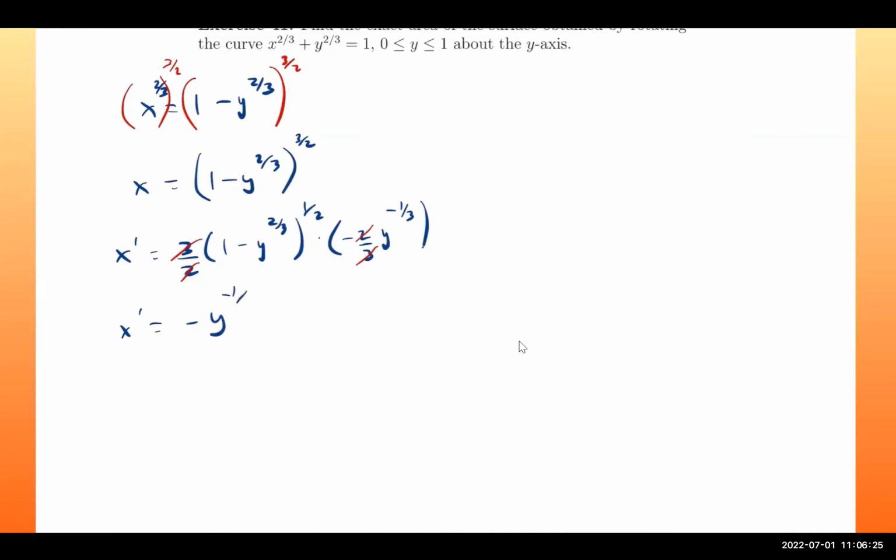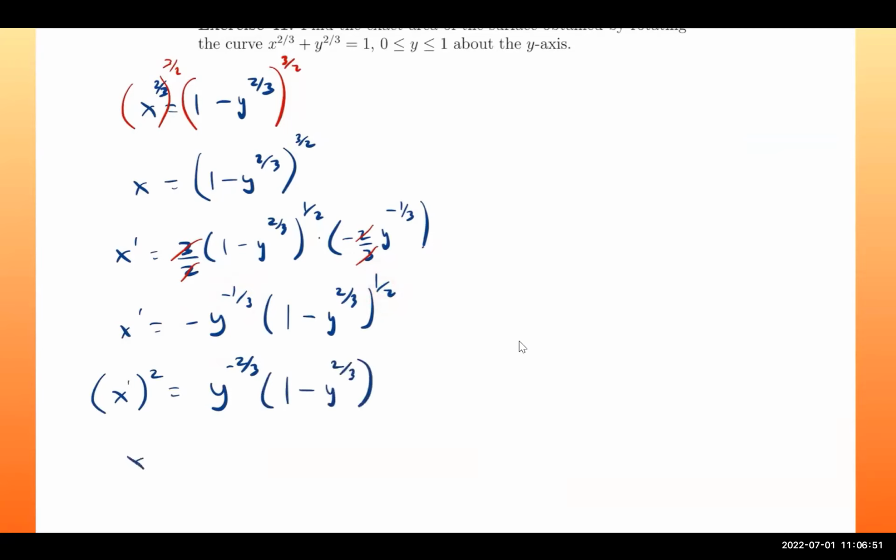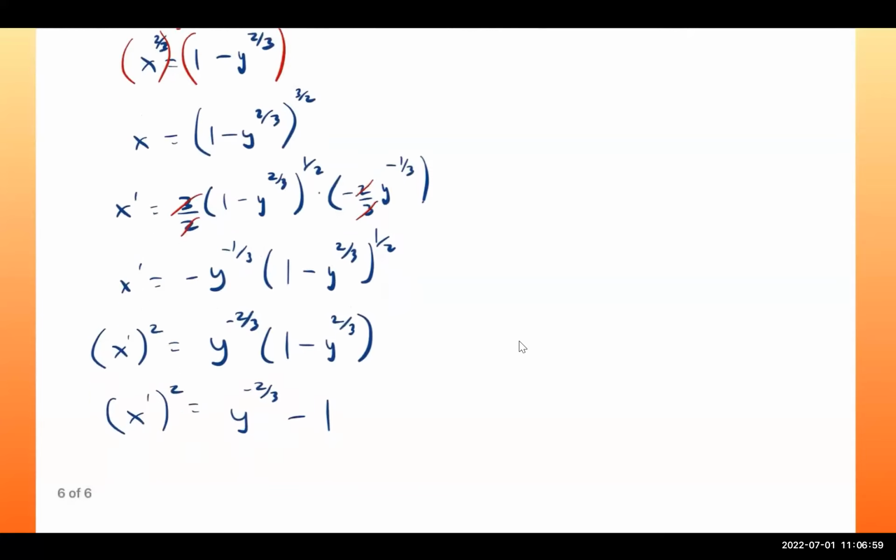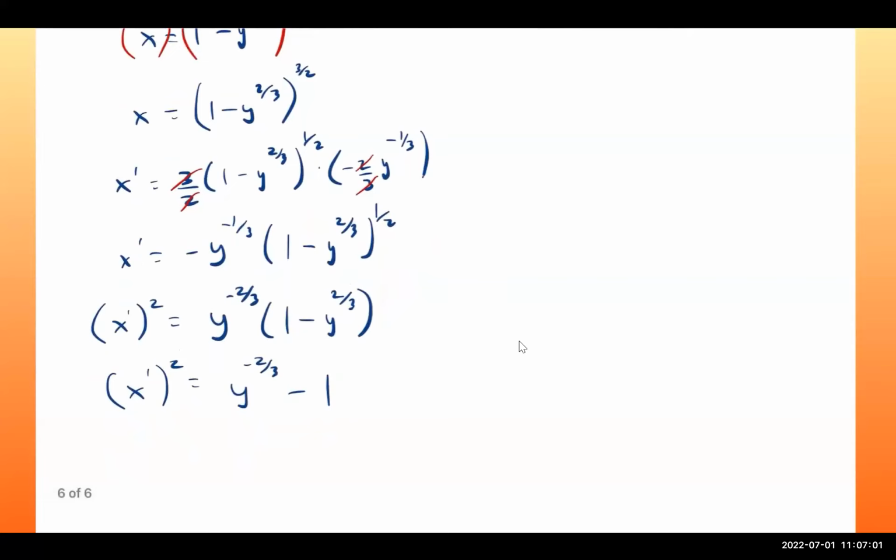So now we can rewrite this as negative y to the negative 1/3, 1 minus y to the 2/3, to the 1/2. Now we need to square this derivative. When you square a negative, it becomes positive. Squaring this gives y to the negative 2/3, and squaring this becomes 1 minus y to the 2/3. If you distribute, you get y to the negative 2/3 minus 1.